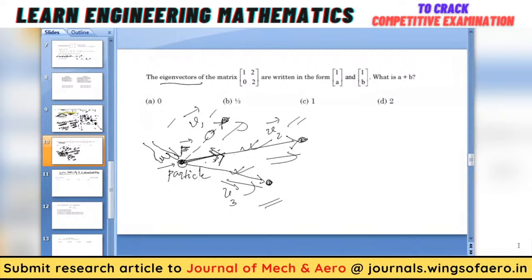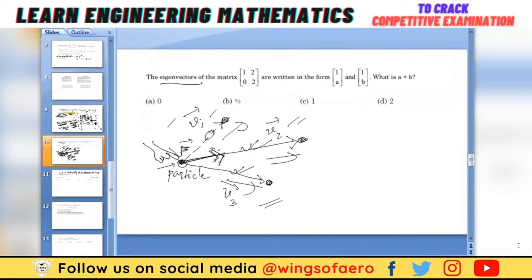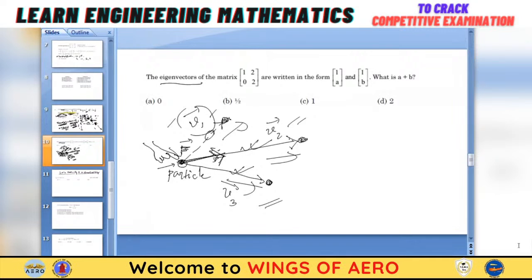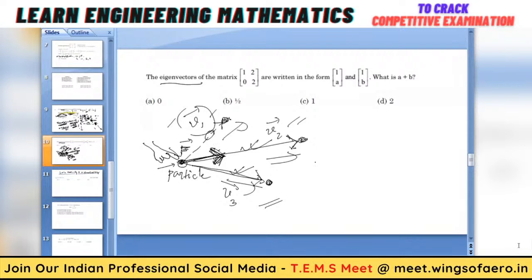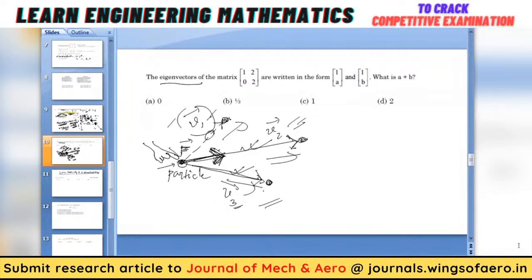In case 1, this particle may go in the v1 direction. In case 2, the particle may go in the v2 direction. In case 3, the particle may go in the v3 direction. Initially, the particle is in this direction. Then which vector, v1, v2 or v3, should be called the eigenvector?